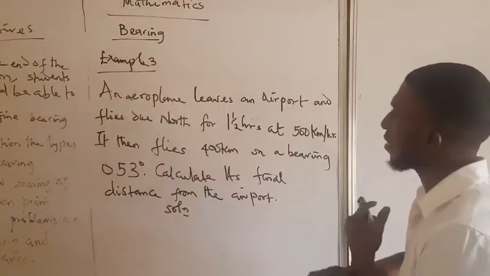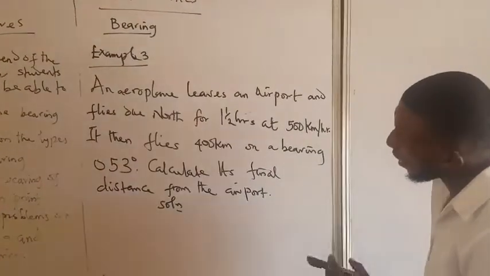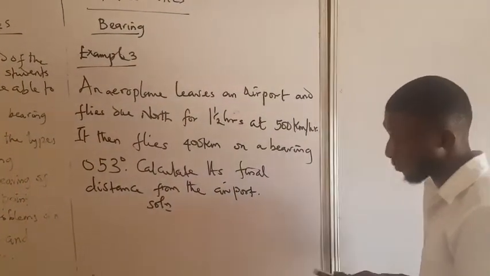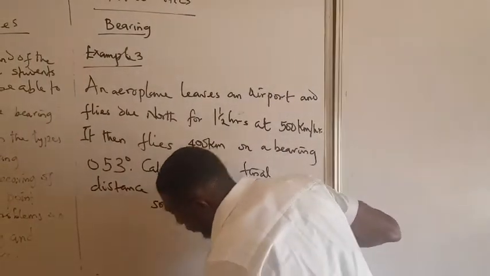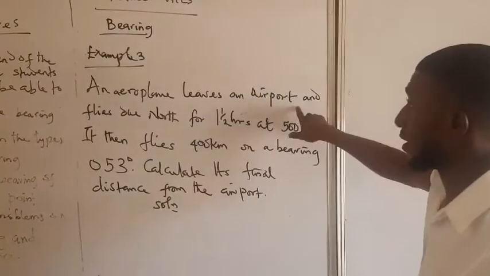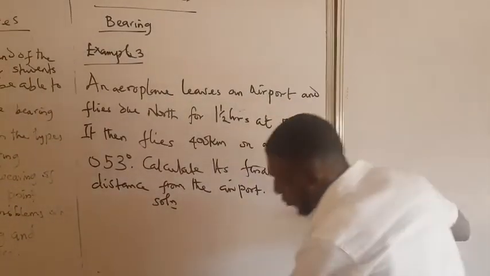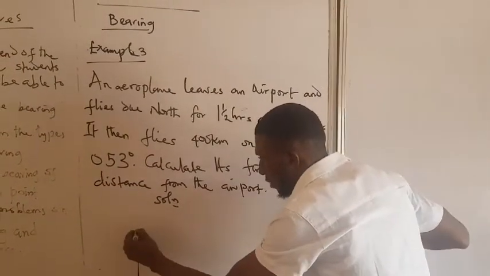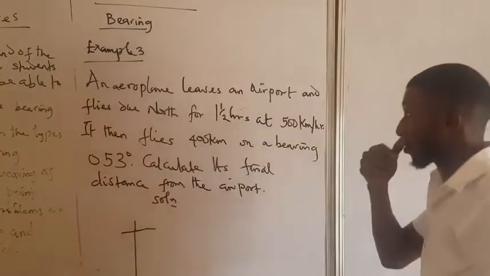Let's assume that the airport is point A. The aeroplane leaves the airport and flies due north. This is due north, that one is one directional bearing.